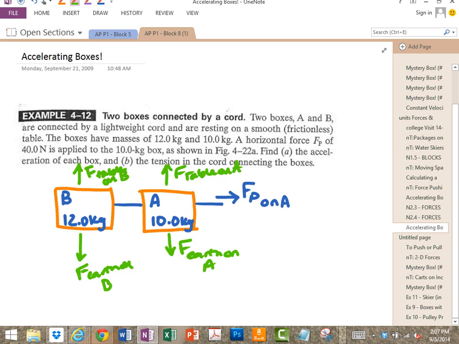Those spooky action at a distance forces. Do you remember me talking about those a long time ago? Gravity, electricity and magnetism, strong nuclear, weak nuclear. Those are the only forces that are allowed to act not in contact. So if FP is acting on B, it would have to be through one of those mechanisms. It's not.